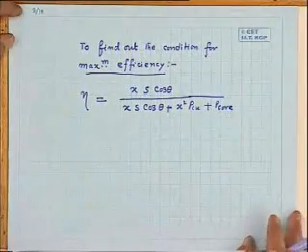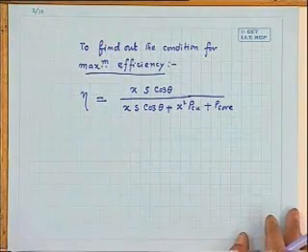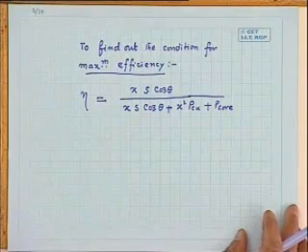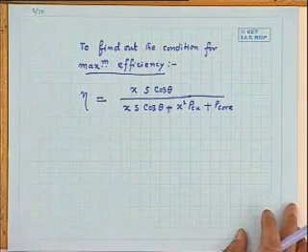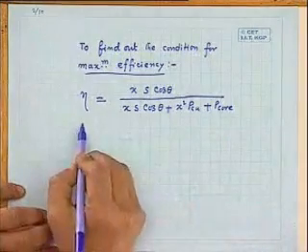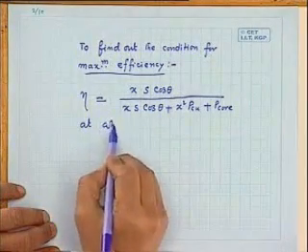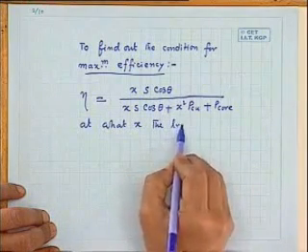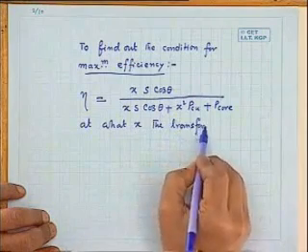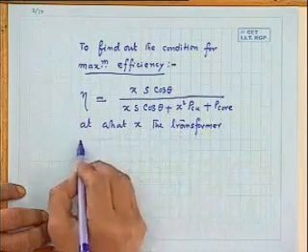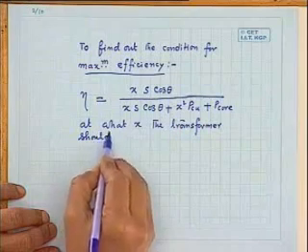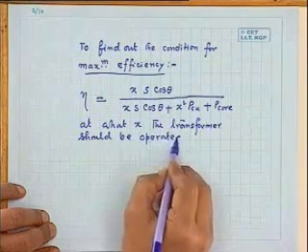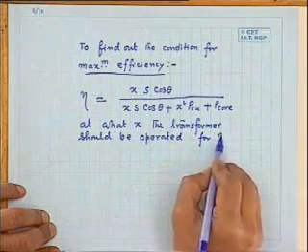To find out the condition for maximum efficiency means that we want to find out at what degree of loading the transformer should be operated such that maximum efficiency will occur. That is, at what x the transformer should be operated for eta max.